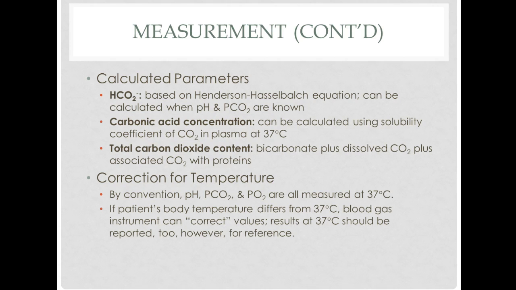And the total carbon dioxide content is the bicarbonate plus the dissolved CO2 plus CO2 with proteins. In some cases, we do have to correct for temperature as well. By convention, pH, CO2, and O2 are all measured at 37 degrees. If a patient's body temperature differs from 37 degrees, the blood gas instrument can correct those values. The results at 37 degrees should be reported too, however, just for reference.